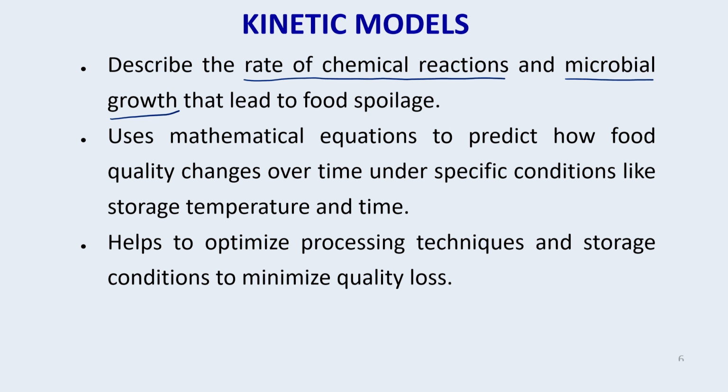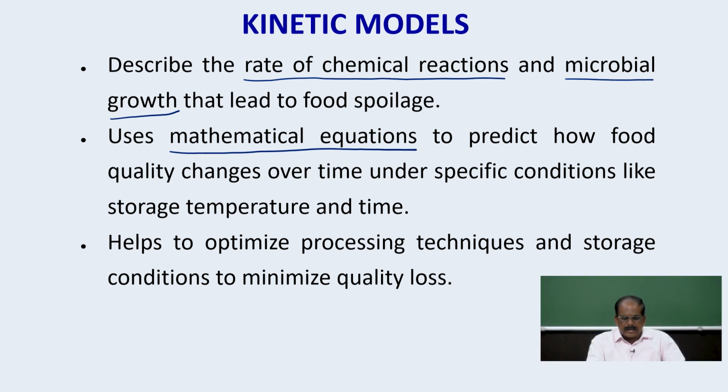So these models use mathematical equations to predict the quality of food with respect to time under specified conditions. What are the conditions? That is the storage, temperature and time.